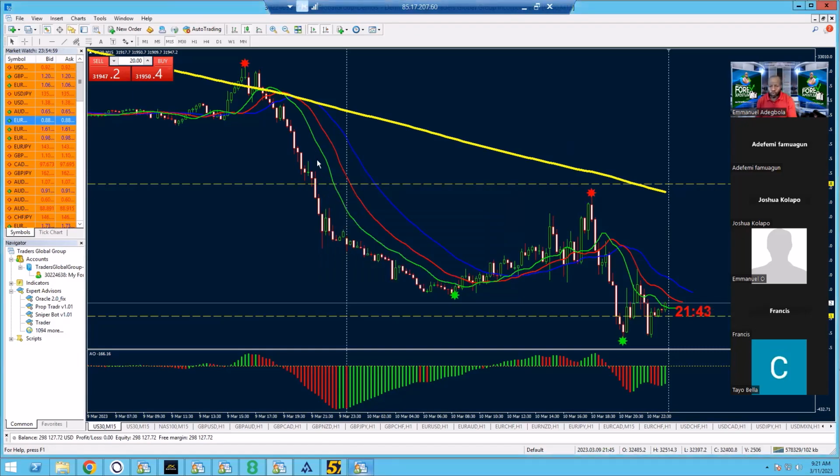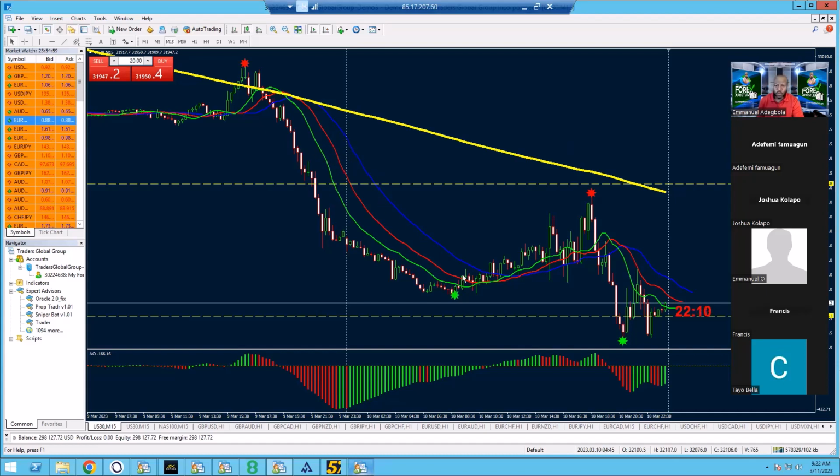So how do you trade this? Based on Bill Williams, when you see the lip is below the teeth and the teeth is below the jaw, it means the trend is down. Once again, once you see the green is below the red and red is below blue, the trend is down.